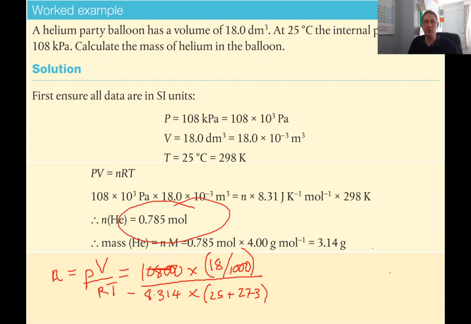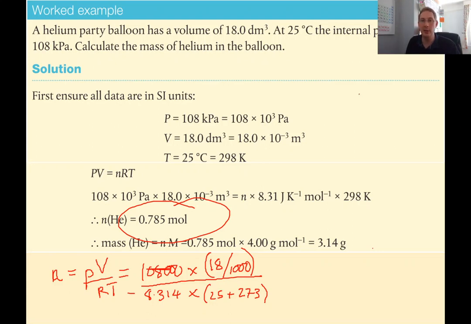And therefore, you can multiply that by the mass of the mole, which is 4 grams per mole, to get 3.14 grams. Sorry in advance that I didn't give you that last step, but you get the number of moles and then you can multiply that by the mass.